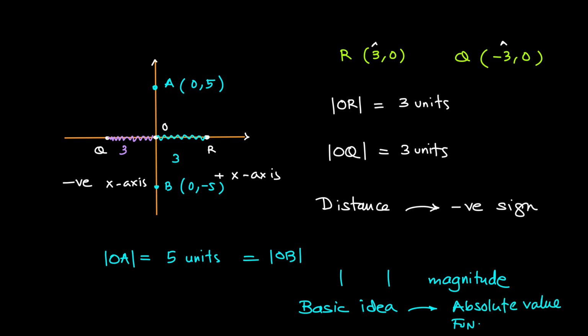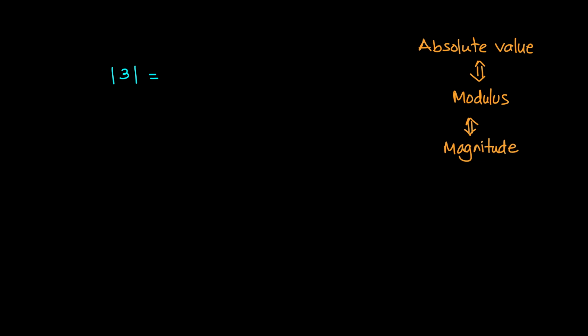That means if I want to write down the basics of this, I'll say, if I plug a positive number inside the modulus sign, inside the absolute value, I'll keep on using both terminologies. Absolute value, that's another name for modulus, and I'll also use the terminology magnitude. So now, modulus of 3 is positive 3. Modulus of negative 3 is also positive 3.